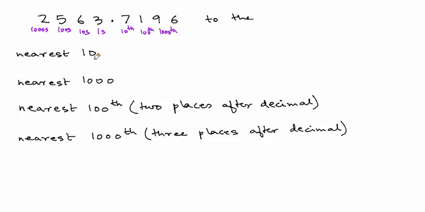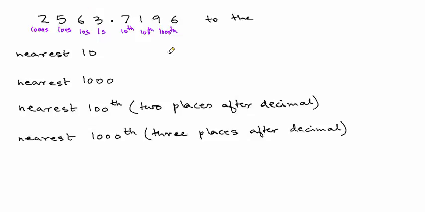So to round this number to the nearest 10, which is the 6 out here, we look at the digit that's immediately to its right, which is 3. Now the rule is, if the digit immediately to the right of the digit we are rounding is less than 5, then this digit stays the same. So the 6 stays as a 6.